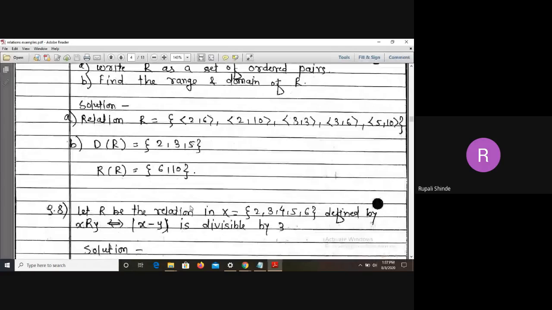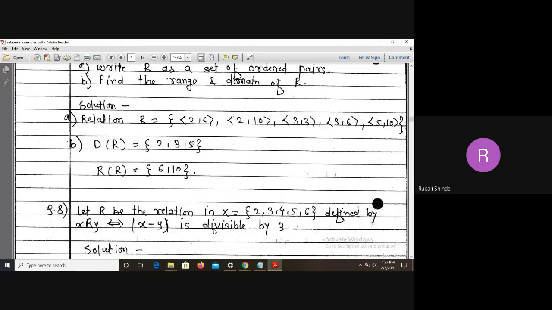Next question. Let R be the relation in X where X is 2, 3, 4, 5, 6, defined by X is in relation R with Y. This is equivalent to: for any order pair X comma Y, X minus Y is divisible by 3.